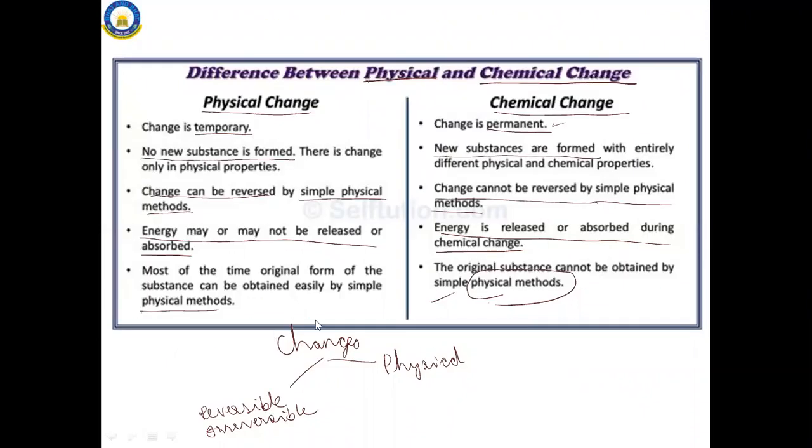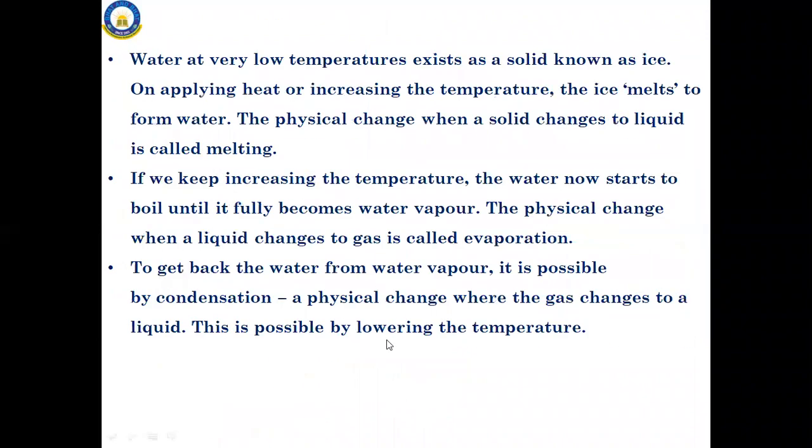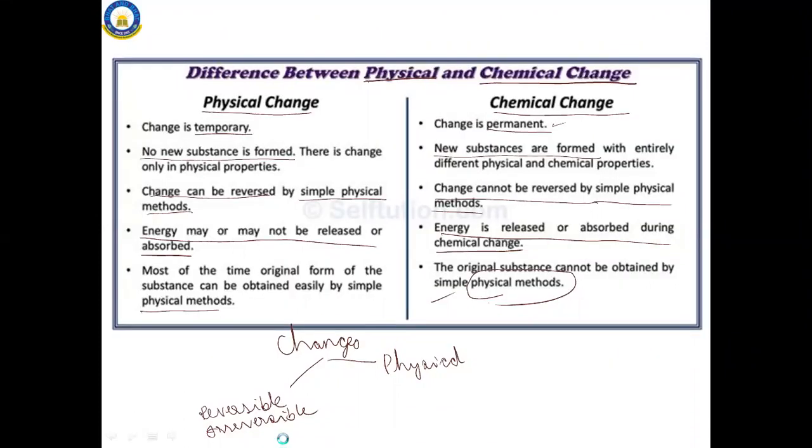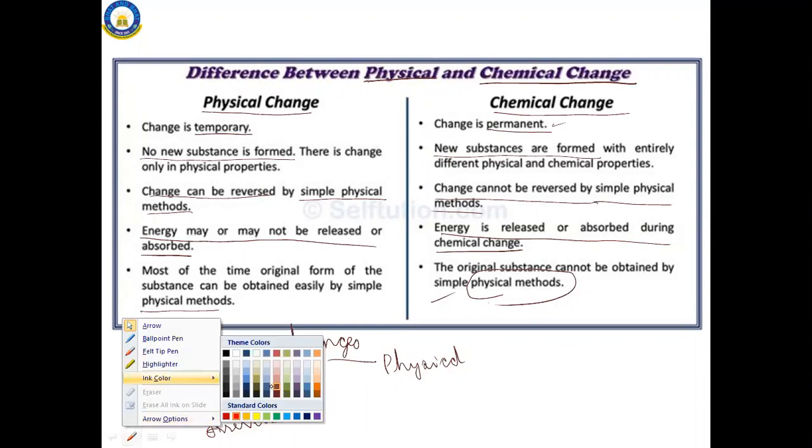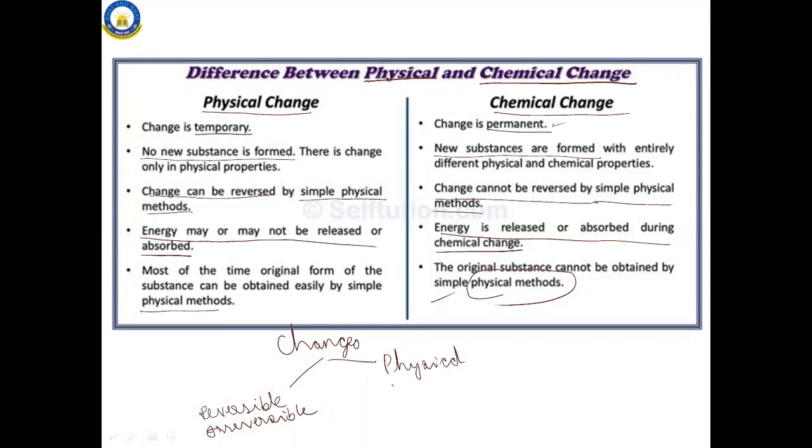So after physical change, the second one that we had studied was the chemical change. So let me write it here. After physical change that we wrote, it was the chemical change. So physical change and chemical change, and the next one is the reversible change and the irreversible change.